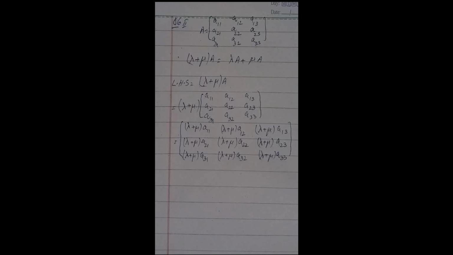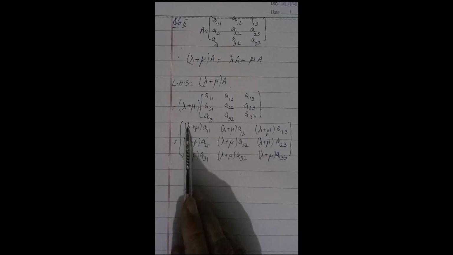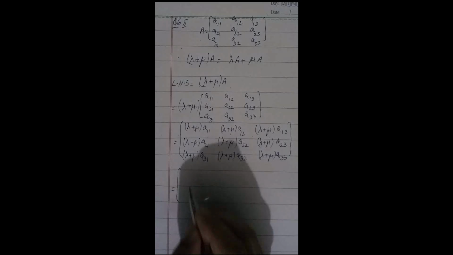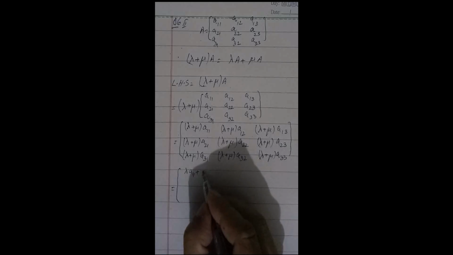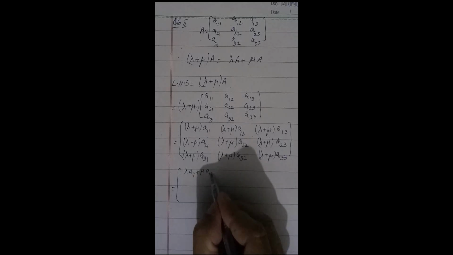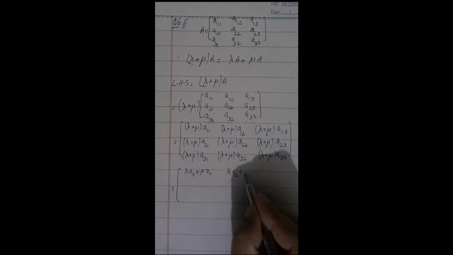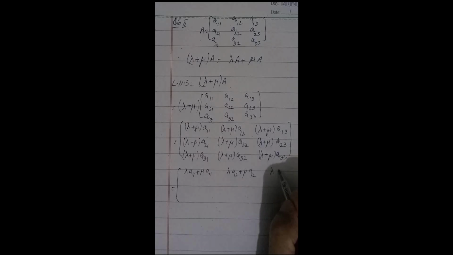Now we multiply both the values lambda and mu with A and get the new values: lambda A11 plus mu A11, lambda A12 plus mu A12, lambda A13 plus mu A13.